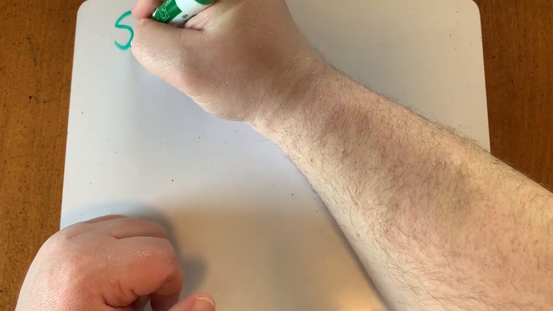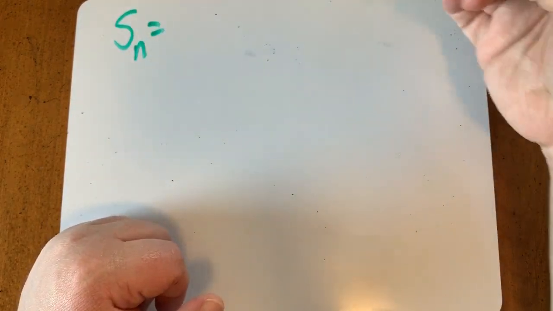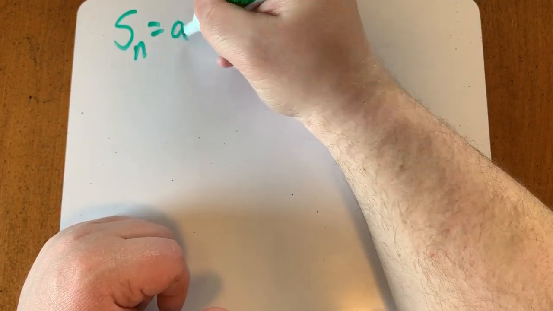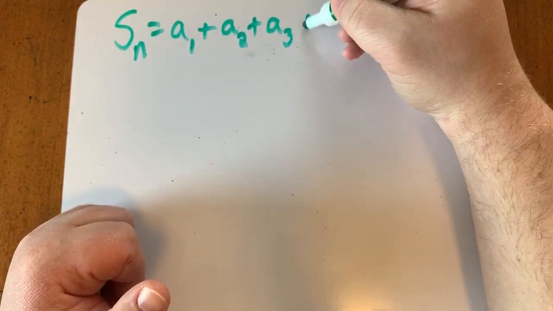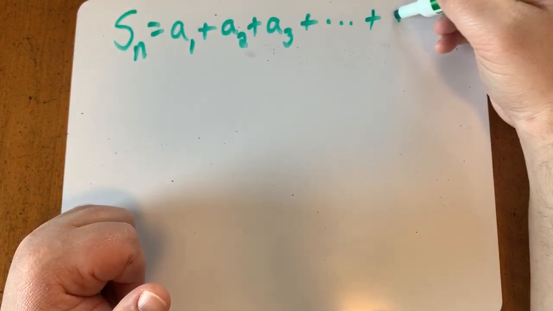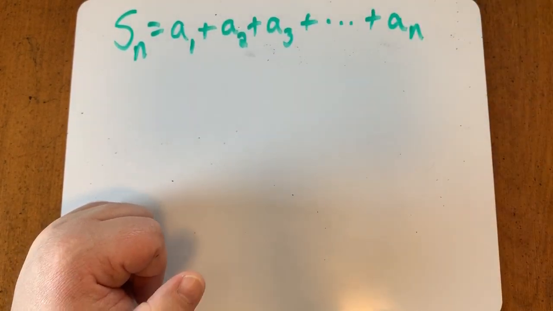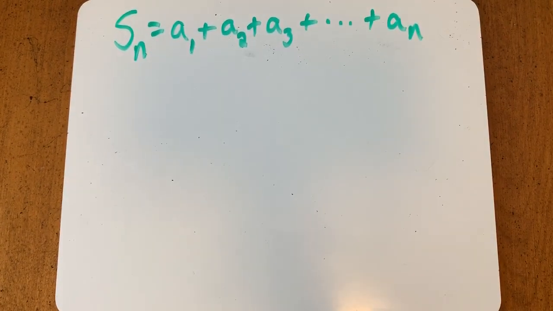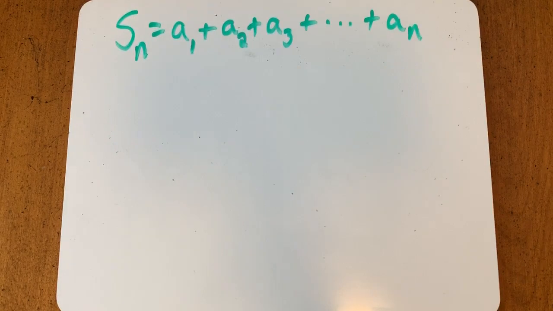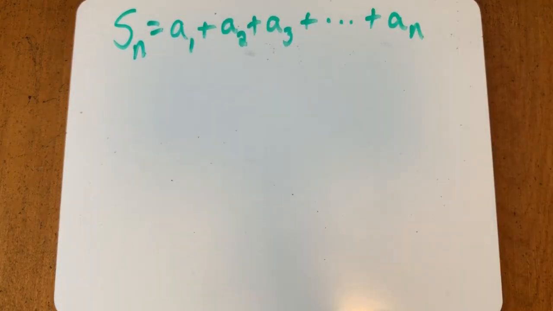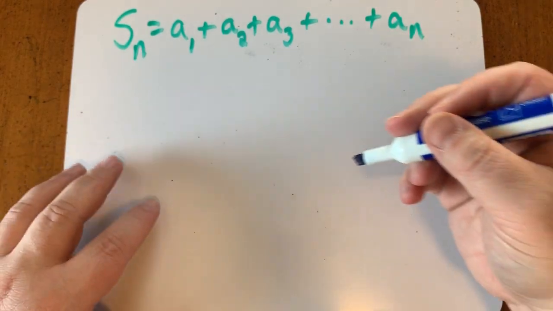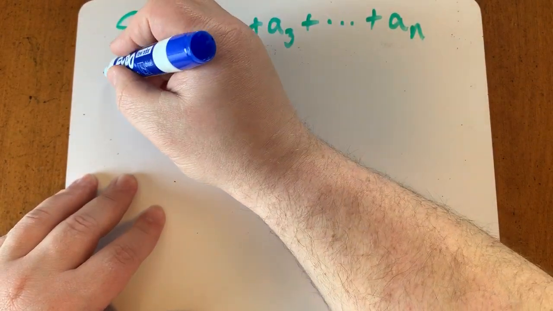So if we want to do the partial sum of the first n terms of a geometric series, in its very rawest form, all it is is this. It's just the sum of the first n terms. Now, since it's a geometric series, we could replace each of these with the explicit definition of that geometric term.